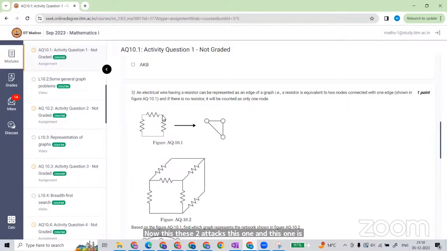Similarly, the wires are vertices and the resistor is an edge. This is one vertex and this is another, connected with the edge. Here it has changed. It is not exactly in the same form, there is some rotation, but this is one.